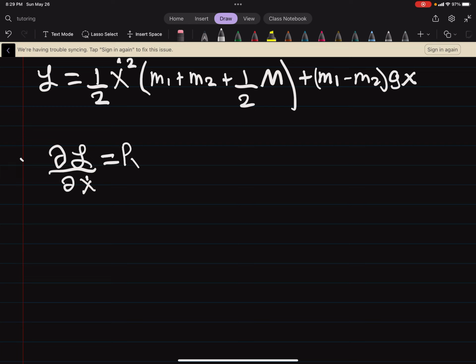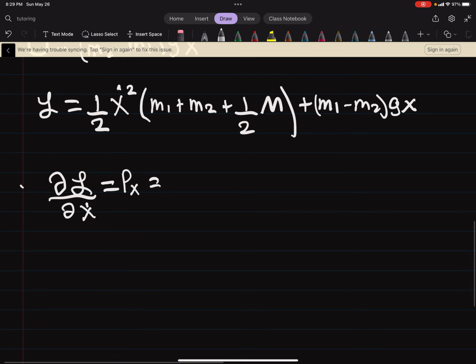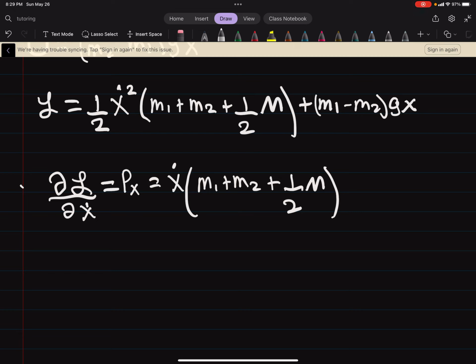And that's usually called px. So only the kinetic energy term, pretty easy there. It's just going to be x dot times m1 plus m2 plus 1/2 capital M. Okay, so that's our conjugate momentum.